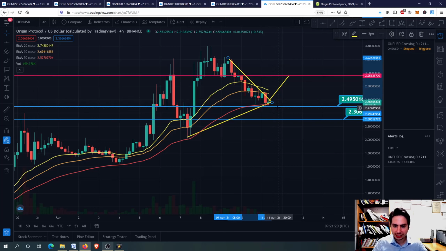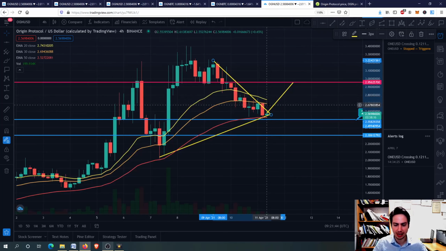Of course, we might see it moving downwards, but I don't think this is the case because I have explained to you guys, Origin protocol looks good both with the RSI and the CCI and of course the Bollinger bands. Right now, we need to maintain this level. This is a critical support level. Okay, so we might move upwards, testing the 20-day EMA and 30-day EMA, having them as our resistance point still, then go upwards again.